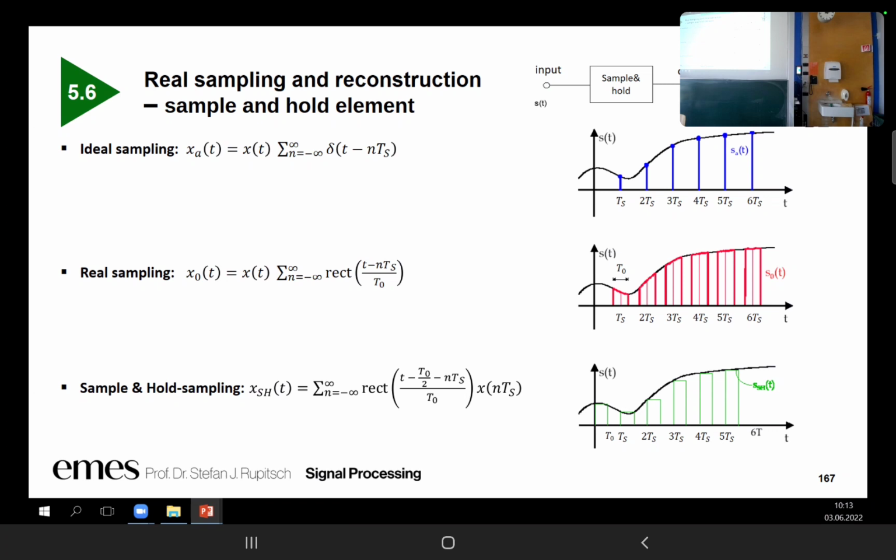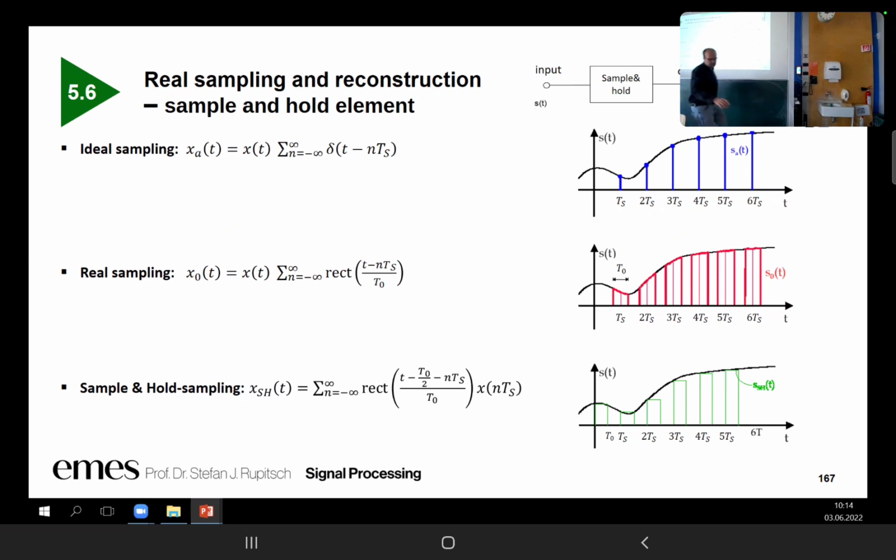Sampling is an electronic procedure, and it would be better to increase the number of sampling points, in other words, to decrease the sampling interval. But it's not possible. We cannot go to gigahertz or whatever. And this hold period is good from the electronic point of view.